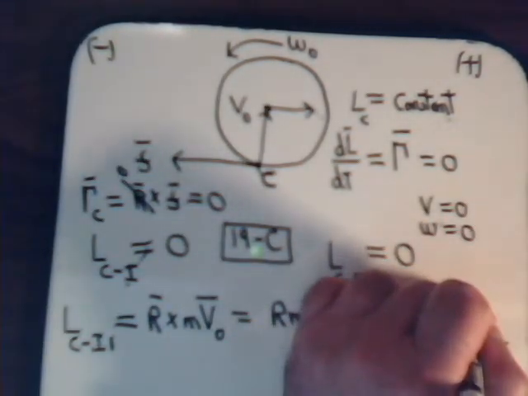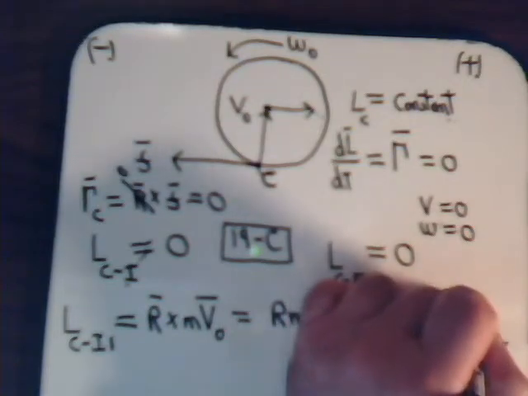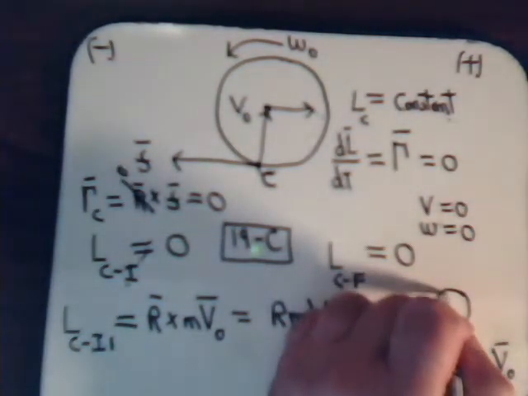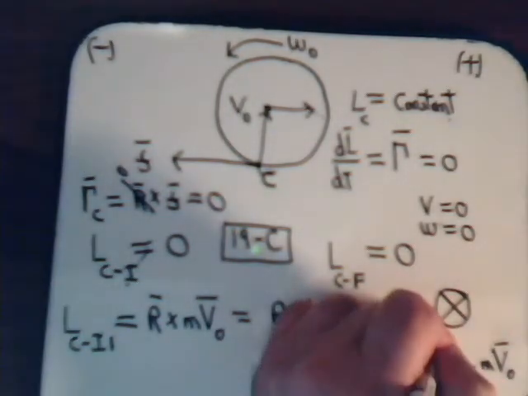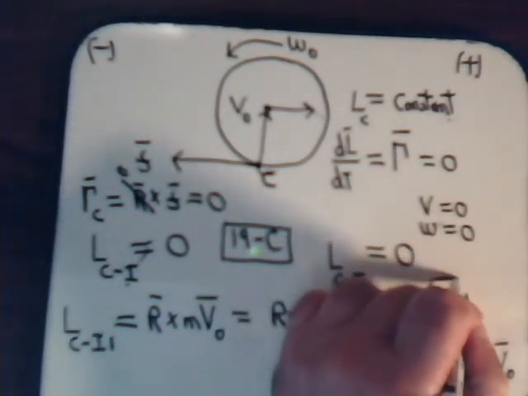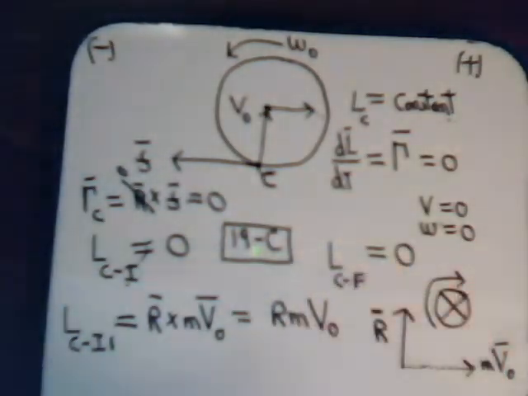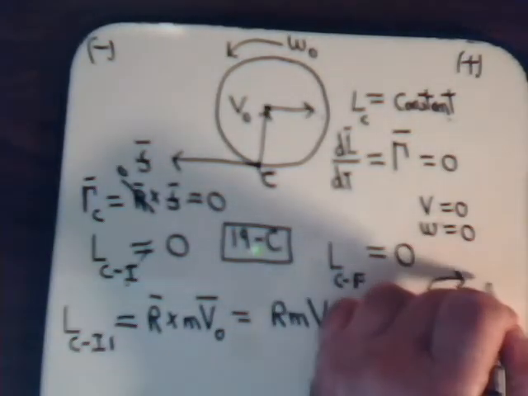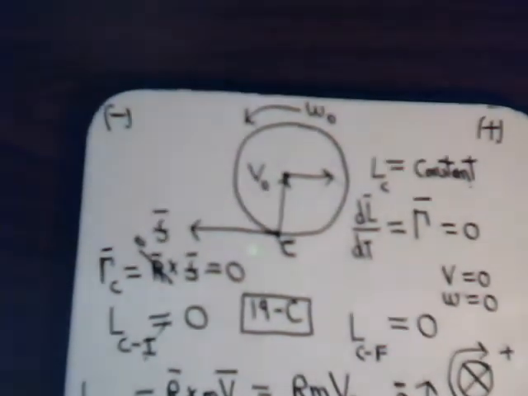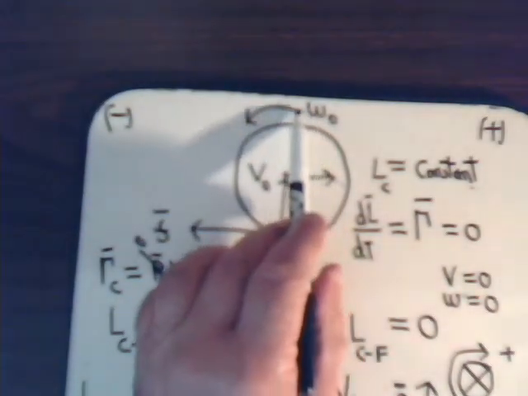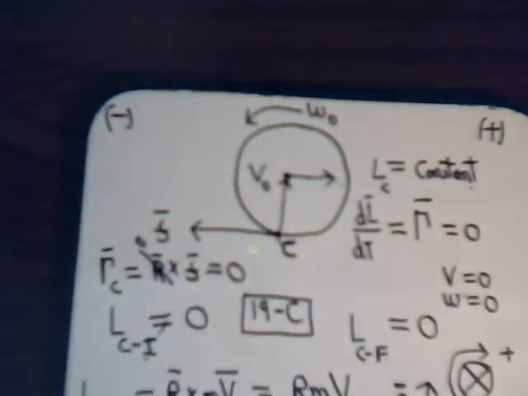So this component of the torque is pointing into the board, and notice when we're doing that, our fingers wrap around in this direction. And that's a positive direction. The counterclockwise, that is negative.